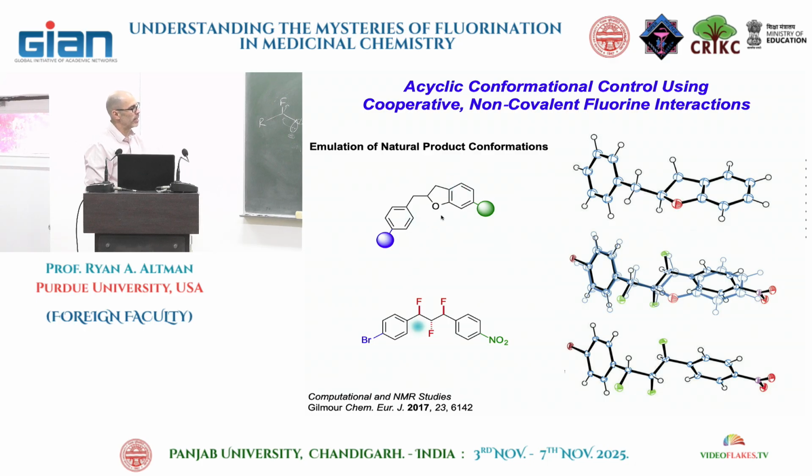In this case, you might envision rotating around all the carbon-carbon bonds here. You have several sp3 bonds there in a row. Nonetheless, using fluorine patterning, we can create a molecule such that the aromatic rings reside in the same chemical space. The aromatic ring over here and here reside in the same chemical space.